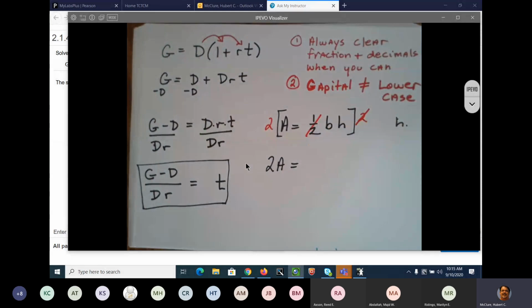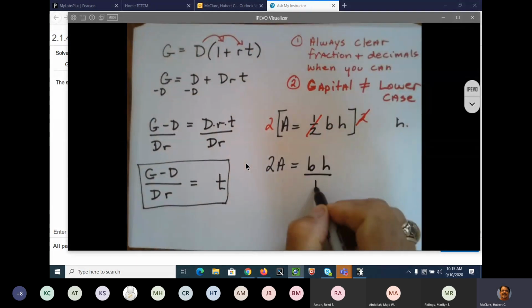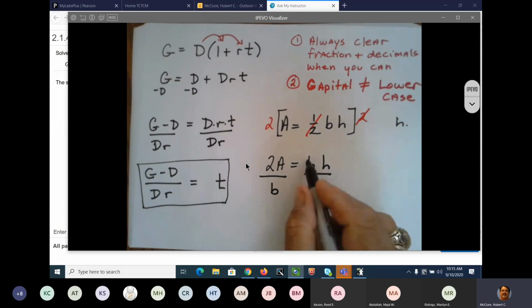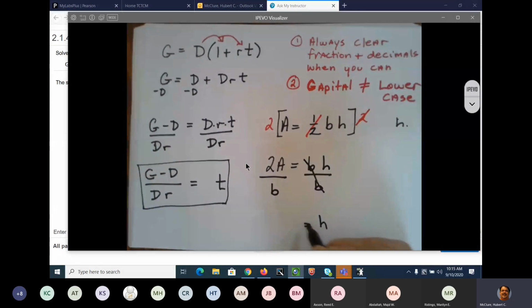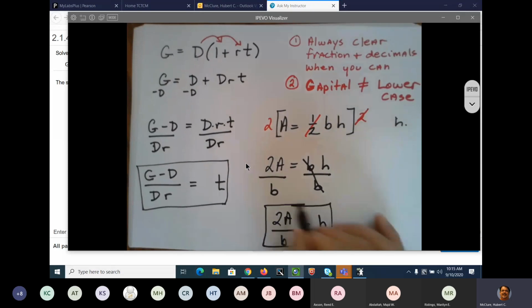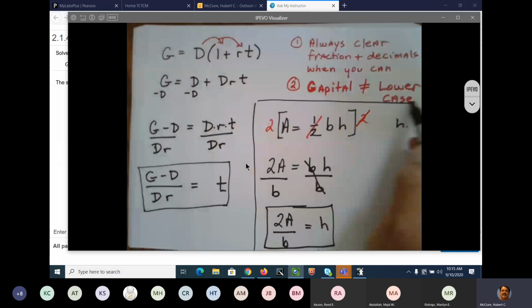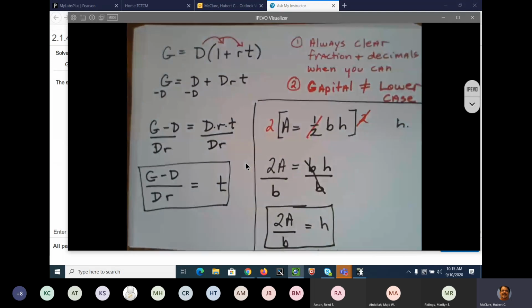And now you're left with bh, and divide by b. And h is equal to 2A divided by b. And that is a little review on solving for formulas.